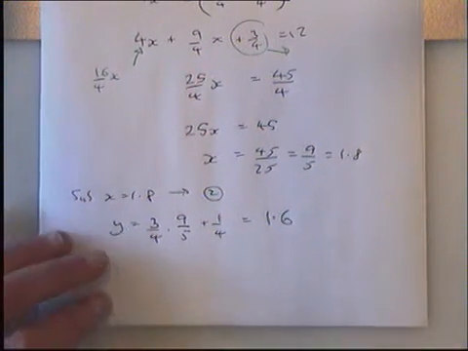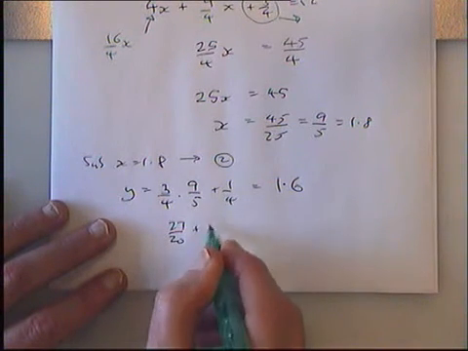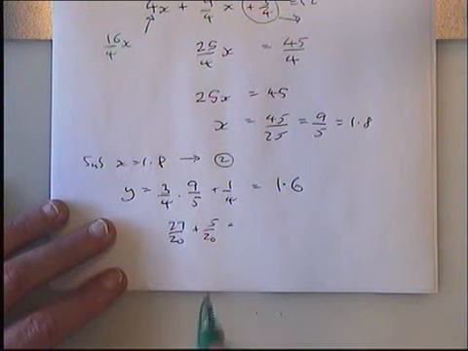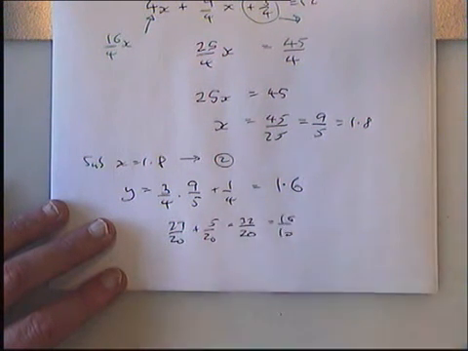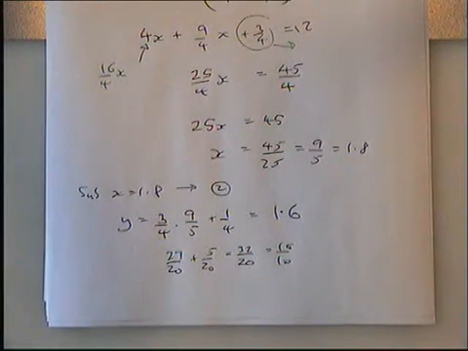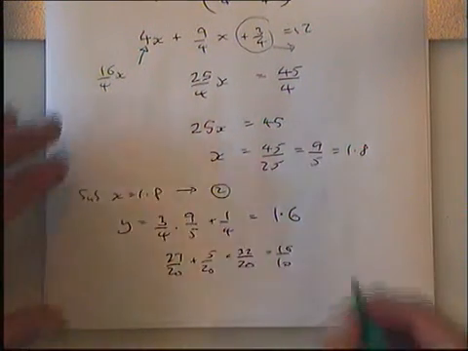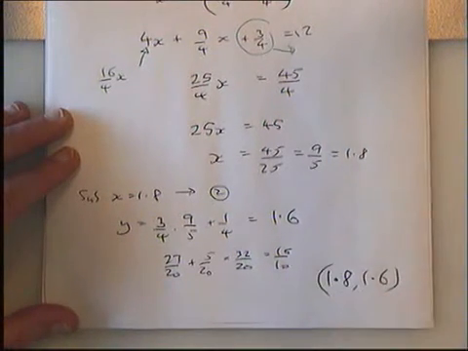Okay? So that came from, times the top, 27 over 20. 1/4 is 5 over 20. Put those together, 32 over 20. That's the same as 16 over 10, so that's why it's 1.6. So we've got now that the point of intersection is 1.8, 1.6.